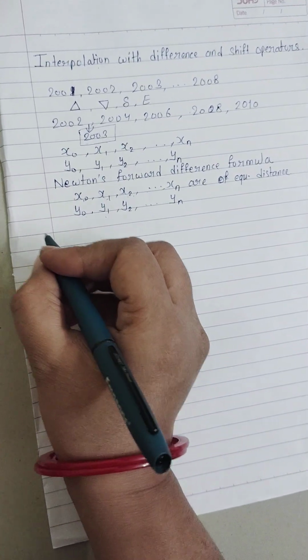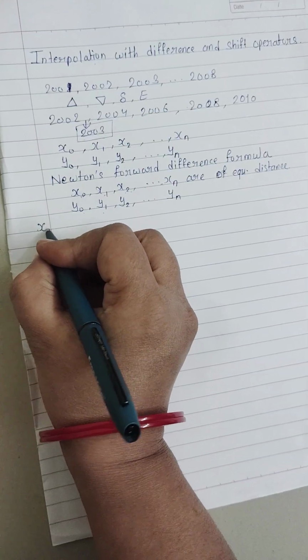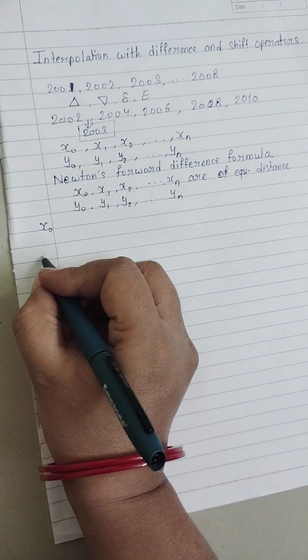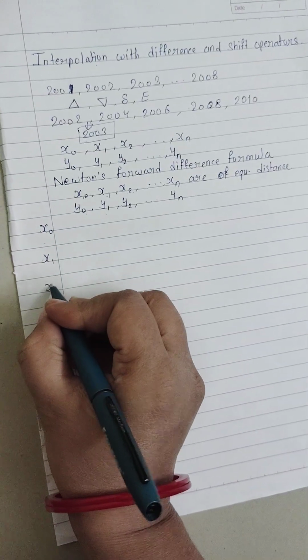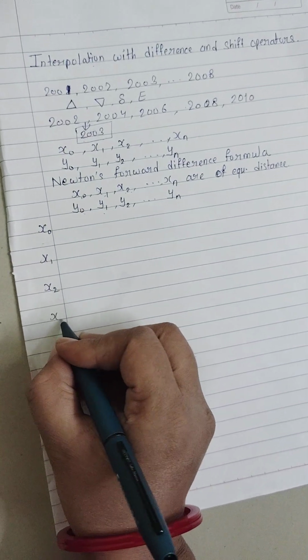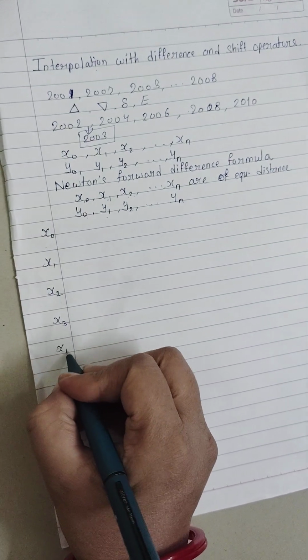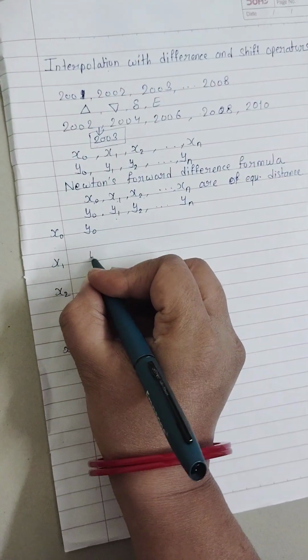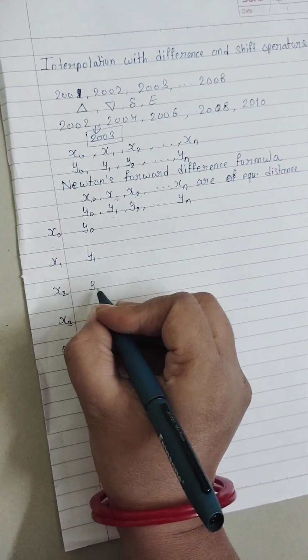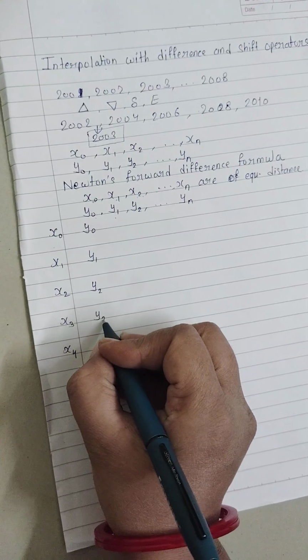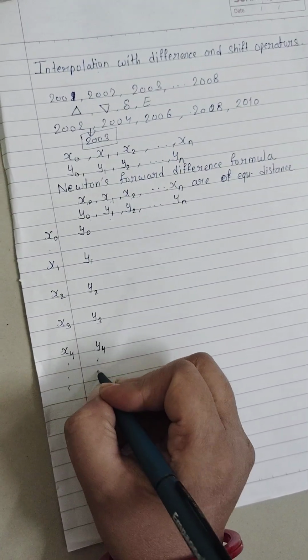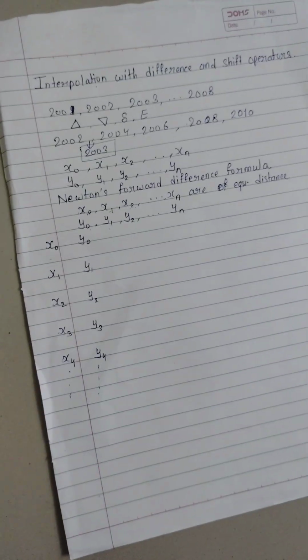To make the table, first of all we note down these values by skipping one blank line: x0, x1, x2, x3, x4 and so on. After that the corresponding y0, y1, y2, y3, y4 and so on. Similarly we can write down the other points.